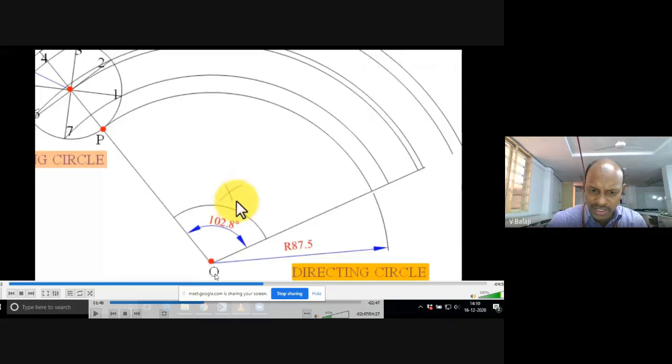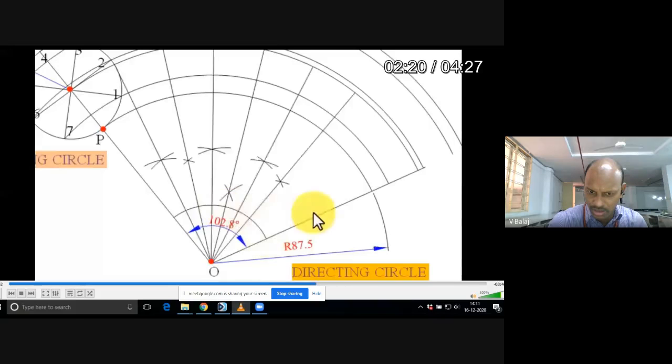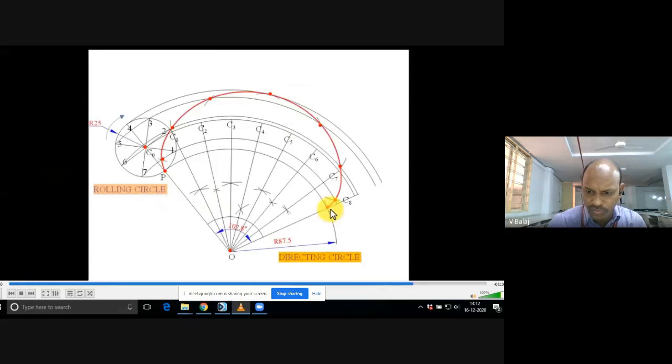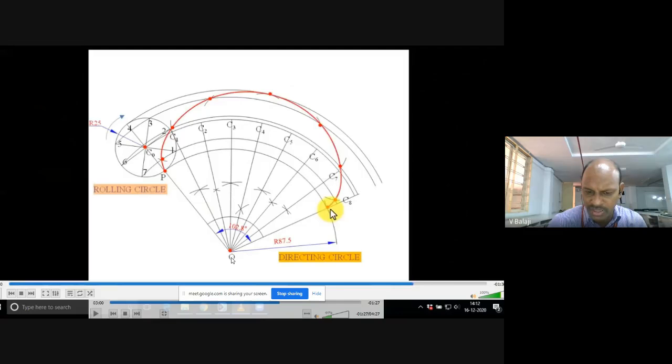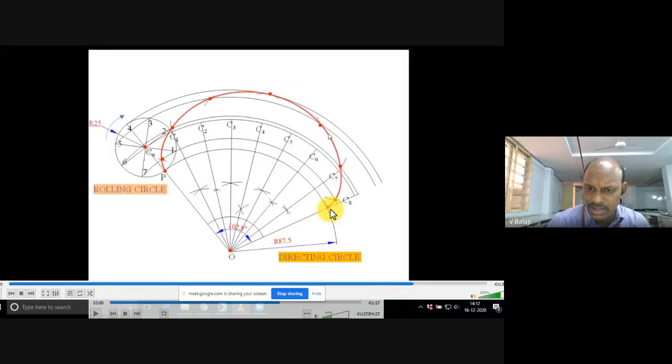O is the center of the directing circle without any doubt. Take O as your compass center. I said 125, right? I have given it in the problem. So take O as center, 125 mm radius, and cut this epicycloidal curve somewhere.